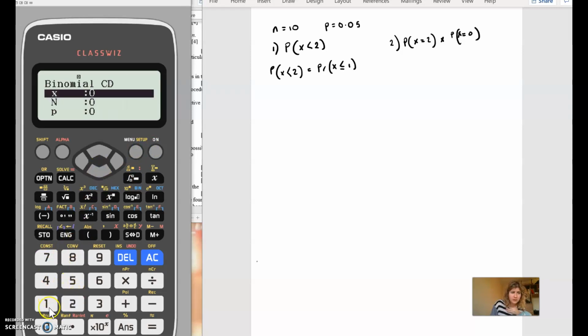We've got an x value of 1, a probability of 0.05, and n of 10. This is the other way around to my calculator, it's very annoying. 0.05.